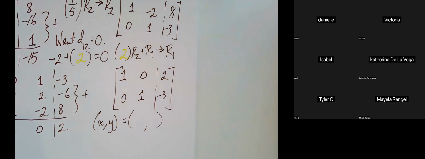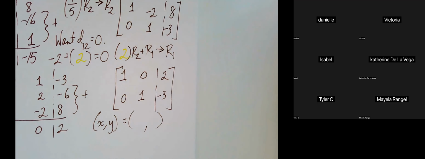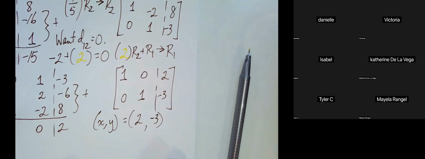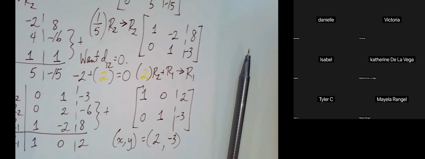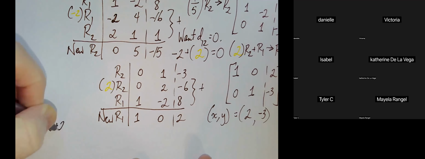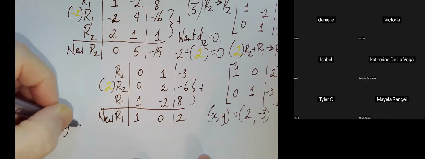So what is the, it's 2 and a -3 for y. Excellent. And let's see, our original negative y equals -8.